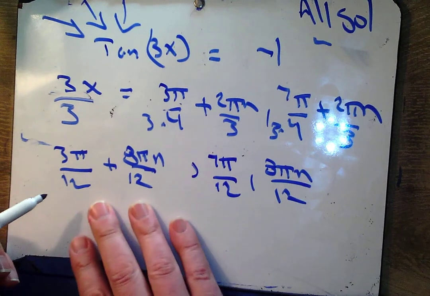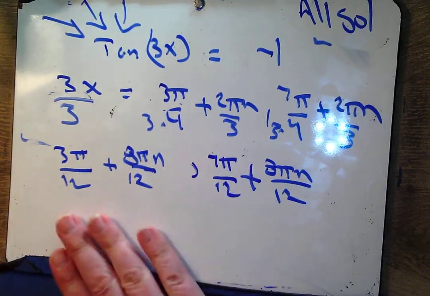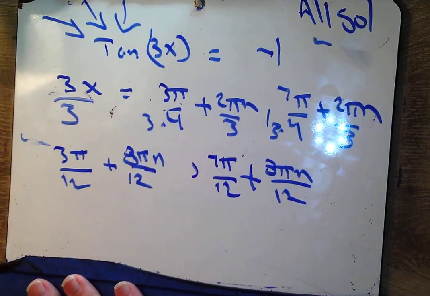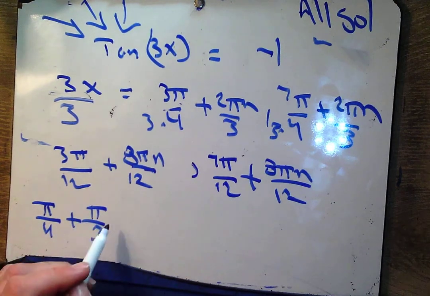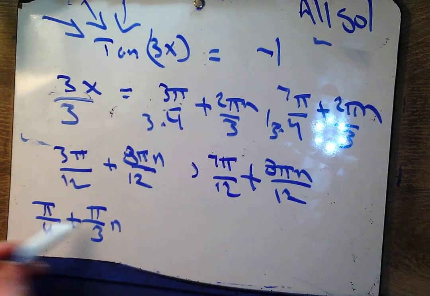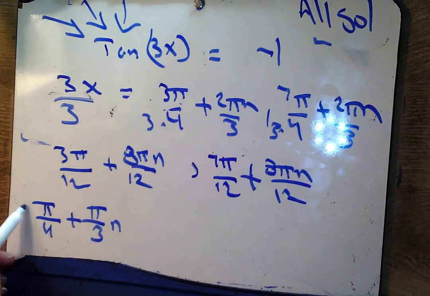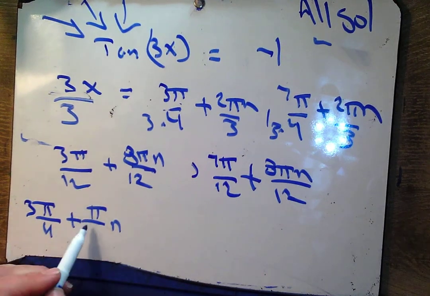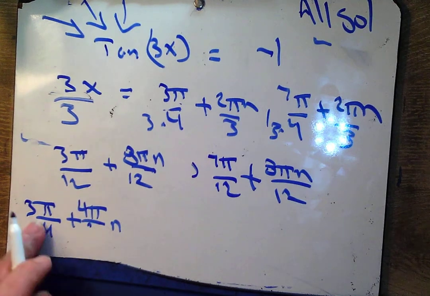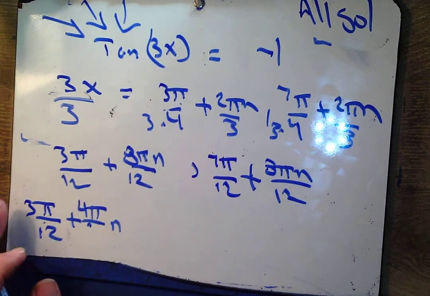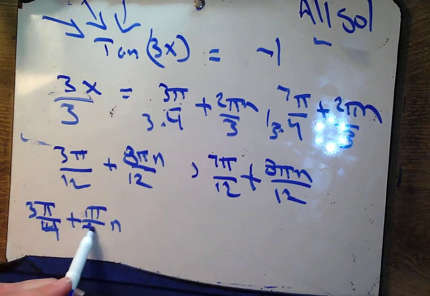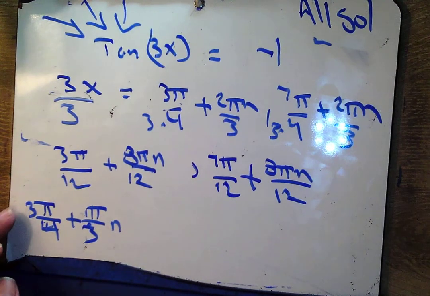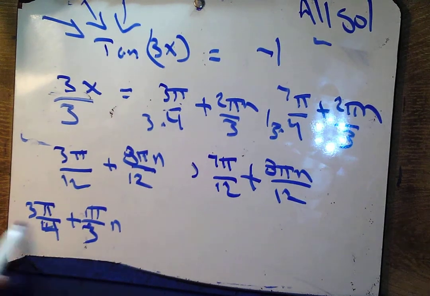All right, so did these also get all our solutions that we saw? Well, the tidy one was pi over 4 plus pi over 3 n. And if I make the common denominator, I'm looking at 3 pi over 4 plus pi over 3. I want to make 12ths, so I'm going to get a common denominator.